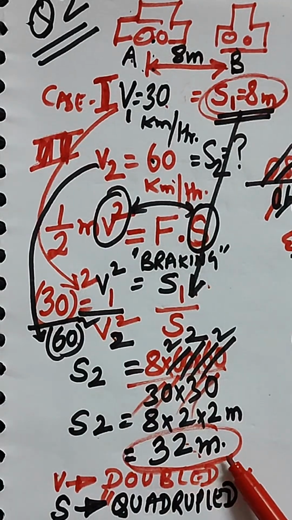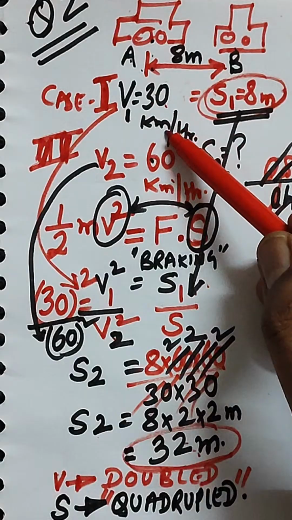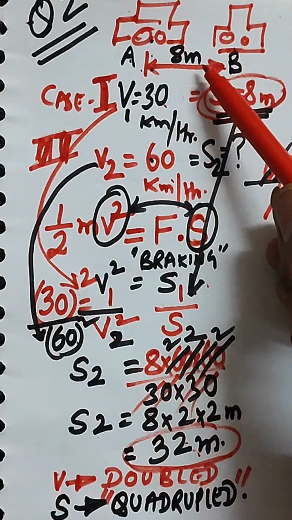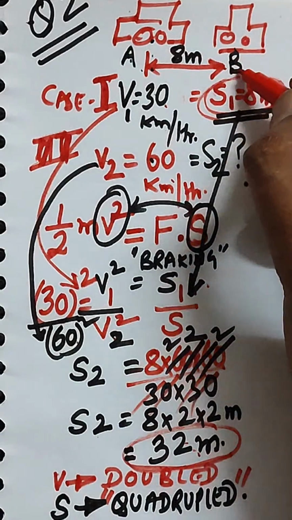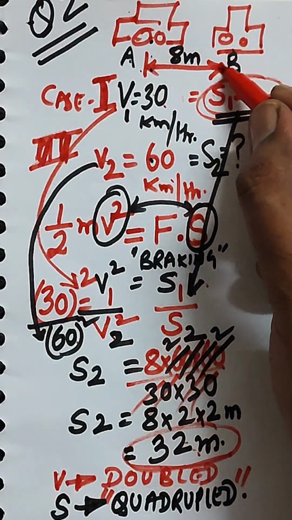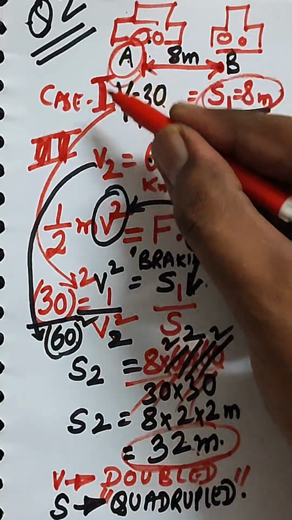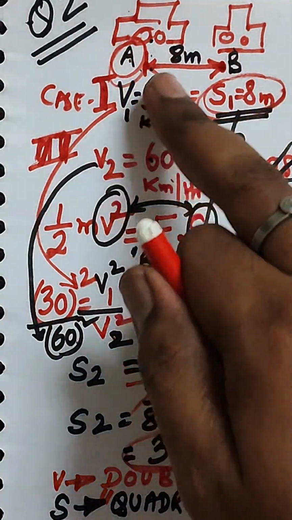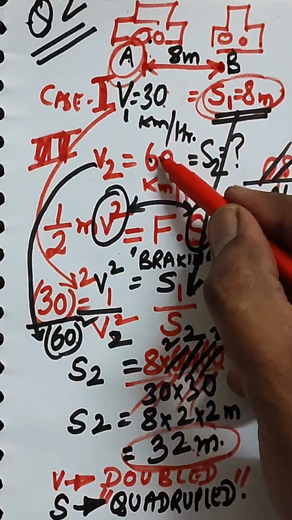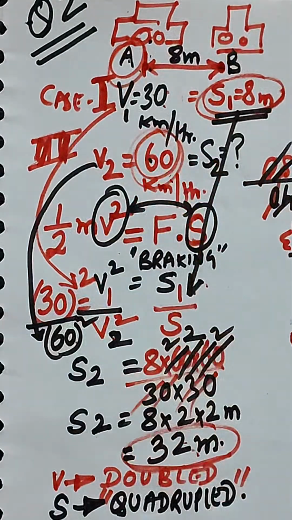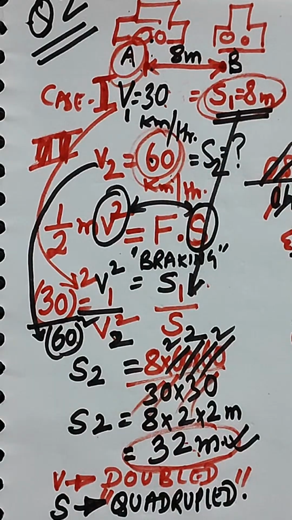Because you can see, if the car was traveling at 30 kilometer per hour, then in just 8 meter it stopped. After applying the brake, it reaches point B, and the brake was started at A here. But when the velocity is increased from 30 to 60, it takes 32 meter to stop.